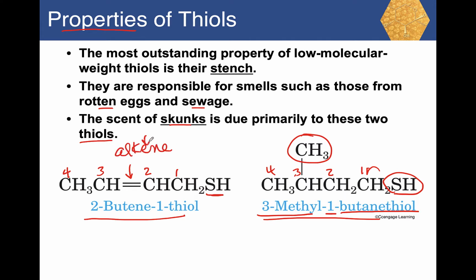Notice ene. So we change that butane to a butene. And of course the double bond is on carbon number 2. So it's 2-butene-1-thiol. We just break it up to indicate the other functional group that is present, which is an alkene.